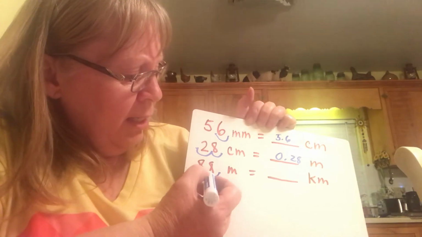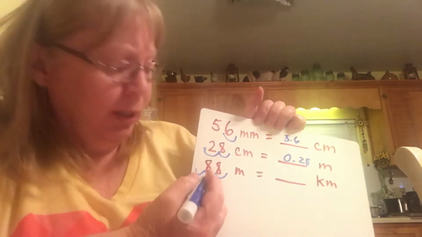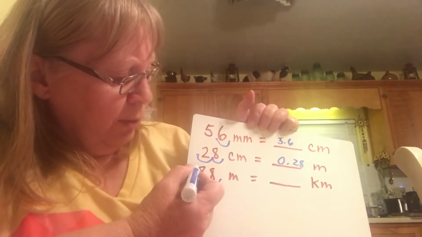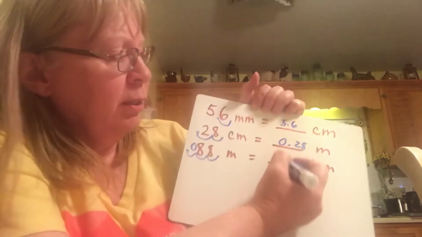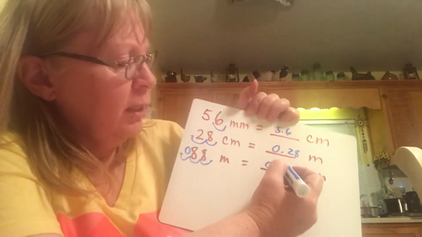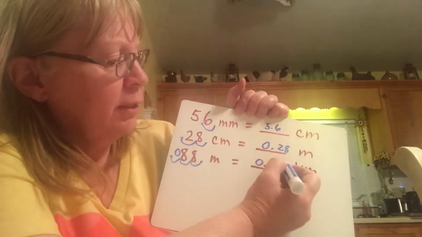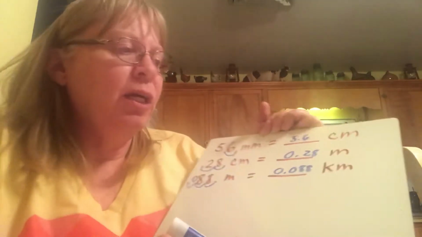This is 10, this is 100, this is 1,000. So I'm going to have to put a 0 there, right? And in front of my decimal point, I put a 0 for a placeholder, and then I'm going to put 0.088.